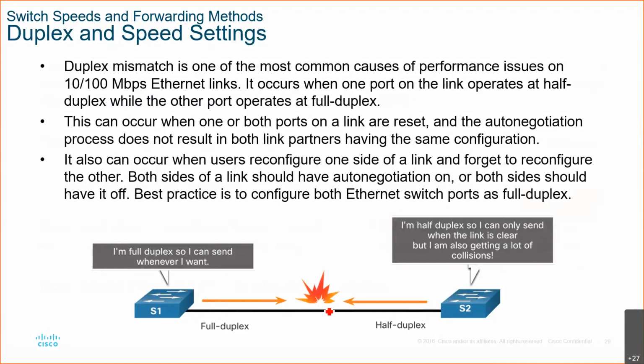The communication will still go on, but it will be slower, because this one is full duplex and this one is half duplex. So it will not work with the same efficiency as full duplex. You have to be careful of that.